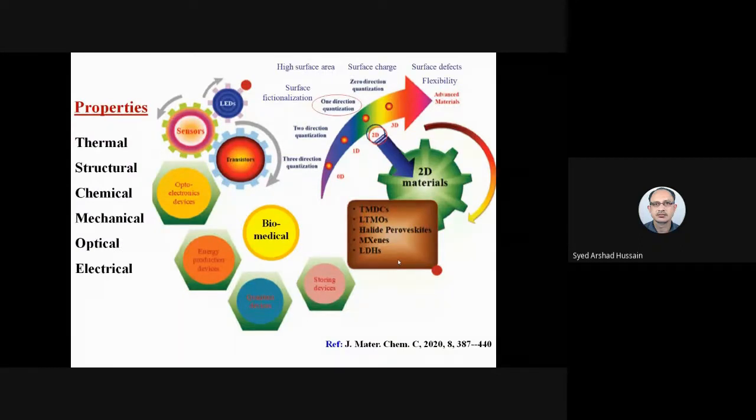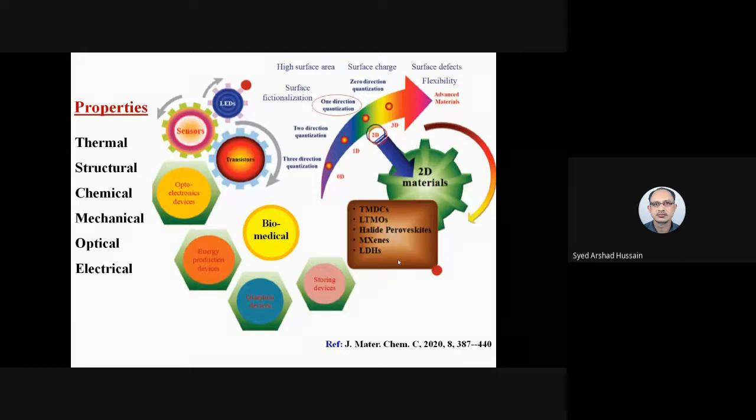So when we cut one dimension of the material and make it two-dimensional, then many changes in the properties occur, mainly due to high surface area and surface functionalization. One can functionalize the surface using other systems. One-dimensional quantization also occurs because you are confining your one dimension to the nano order.